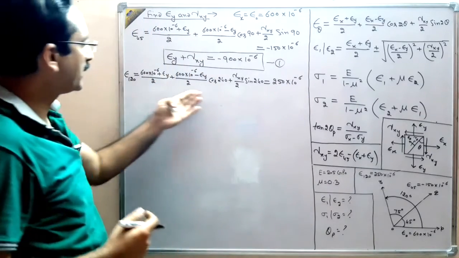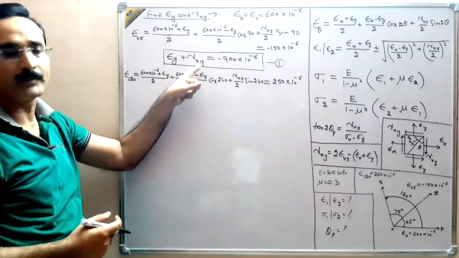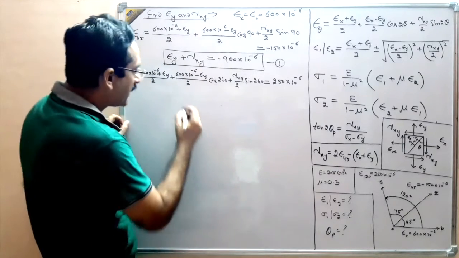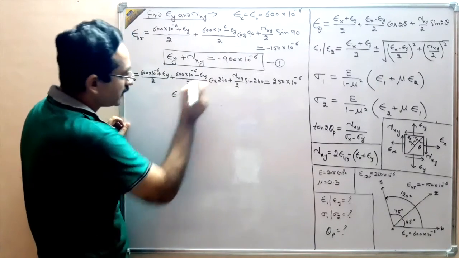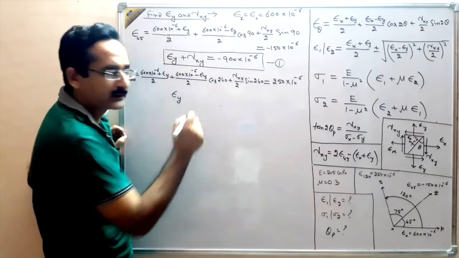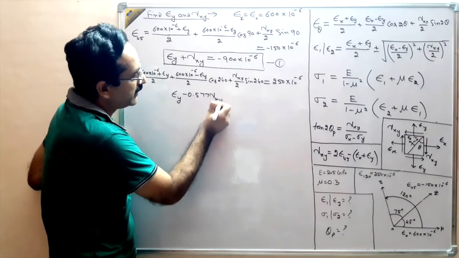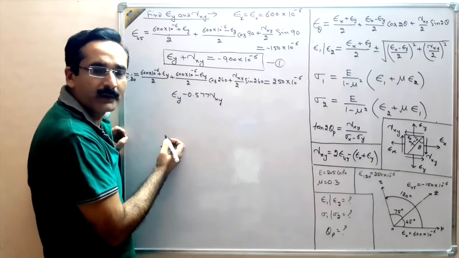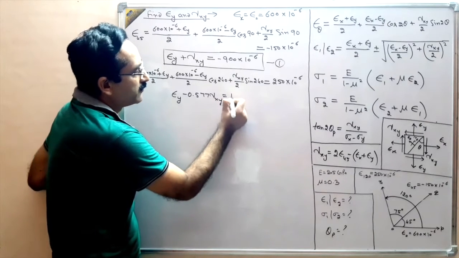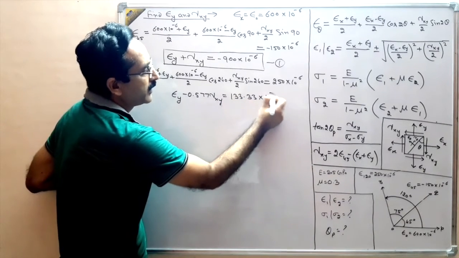Solve it and you will get one more equation in terms of epsilon y and gamma xy. After solving, you will get epsilon y minus 0.577 gamma xy equal to 133.33 multiplied by 10 to the power minus 6.